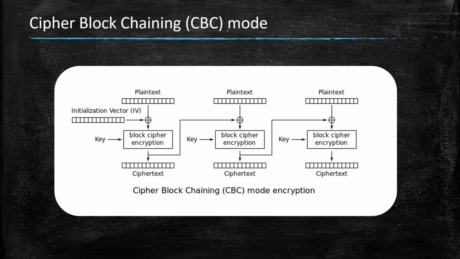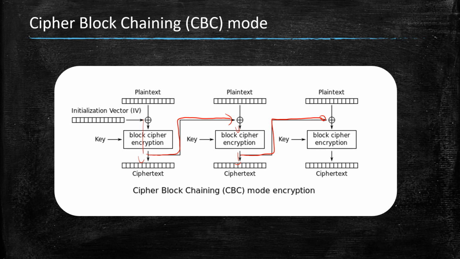So here is one way to avoid that. This time you divide the message into blocks, and then the first block gets encrypted, giving you the first block of ciphertext. But then that ciphertext is reused to be XORed with the second block of the message, and that result gets encrypted and gives you the second block of ciphertext, which itself gets XORed with the third block of the plaintext, and so on and so forth.